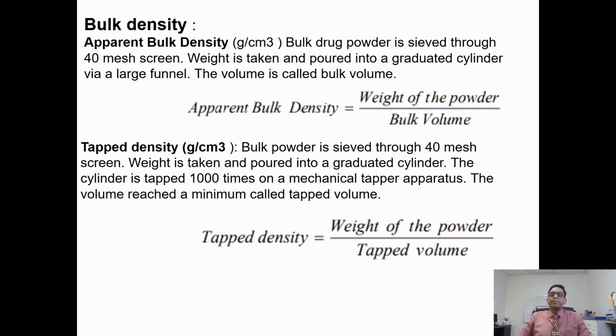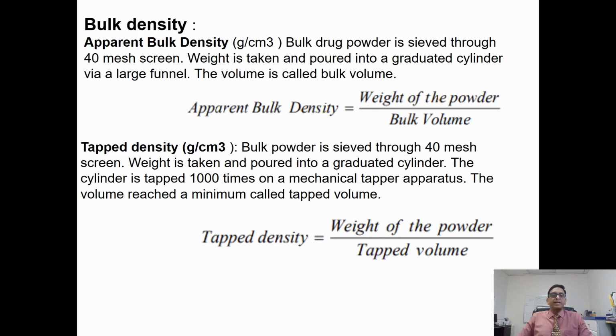The bulk drug powder is sieved through a screen. A particular weight is taken and poured into a graduated cylinder via a large funnel, and the bulk volume is calculated. Finally, we calculate the apparent bulk density: weight of the powder divided by bulk volume.